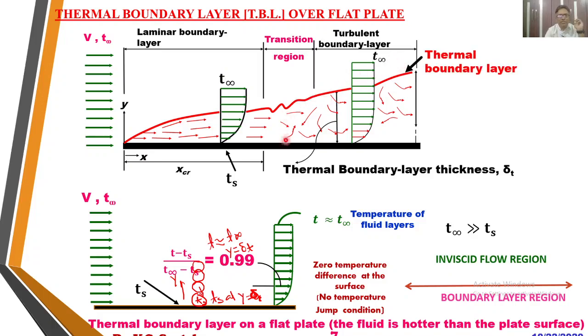Below this thermal boundary layer, a temperature gradient will exist by virtue of the no temperature jump condition, and above this the temperature of the fluid will be equal to the free stream temperature.